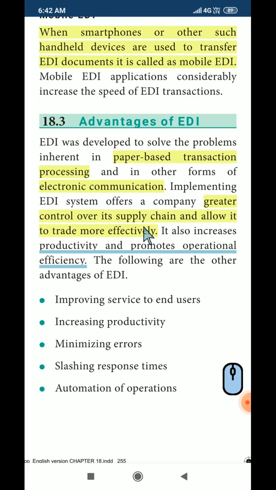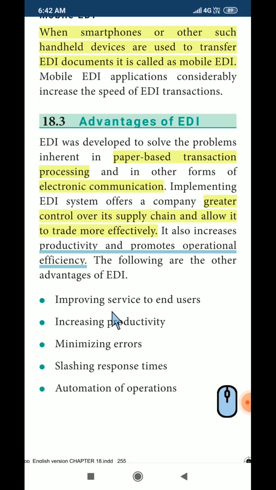So here we have control compared to traditional business, and the trade can be done more effectively, and it also increases the productivity and promotes operational efficiency. Of course it increases the productivity, and the business can be done very effectively also.